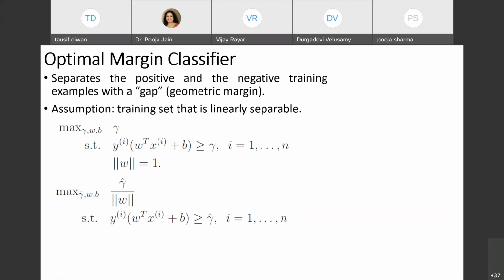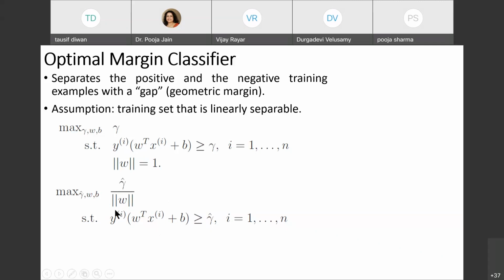Third approach, or third alternative, that we will do. If you remember, the functional margin we can arbitrarily make large or we can reduce. Can we make a constraint that functional margin is equal to 1? If we make this constraint, functional margin is equal to 1, then we can just put gamma cap is equal to 1.